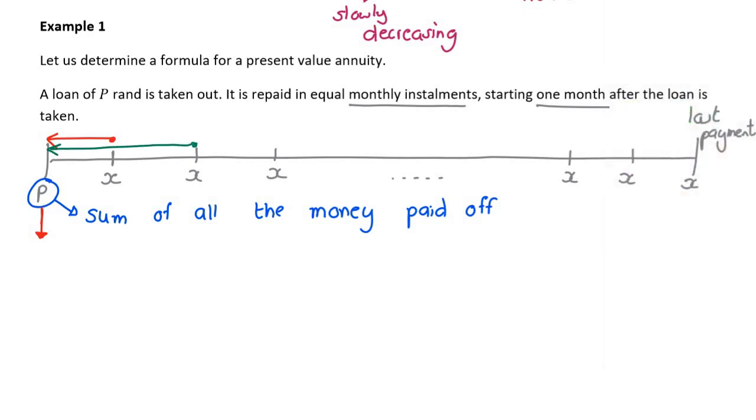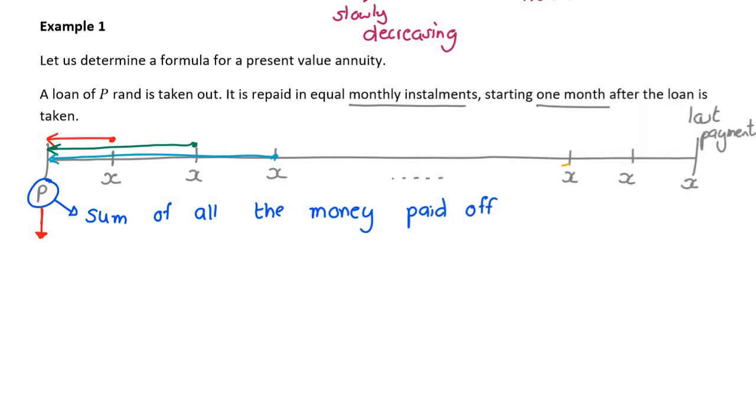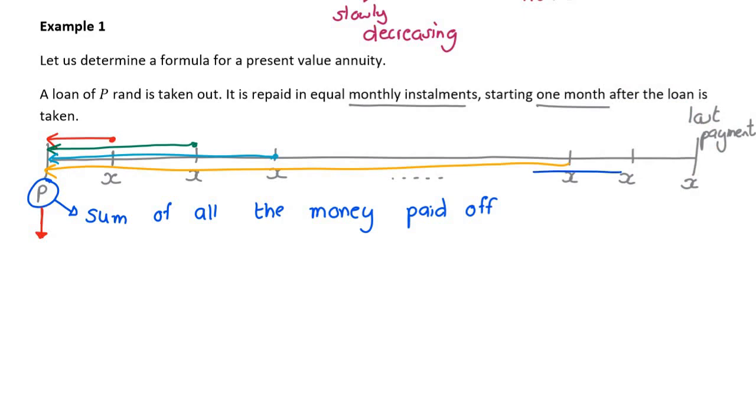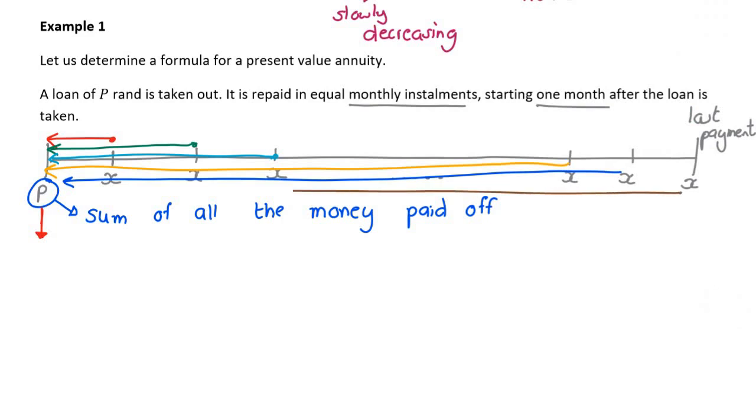Can I find out what this third payment of X is worth now? So basically every single one of these payments, can I find out what they're worth now and add them all together? And if I can do that, my loan will be all of these X values, what they're worth now, added together. So basically I need to, I always call it, move my money. I need to find out what each of those X values will be worth in the present.